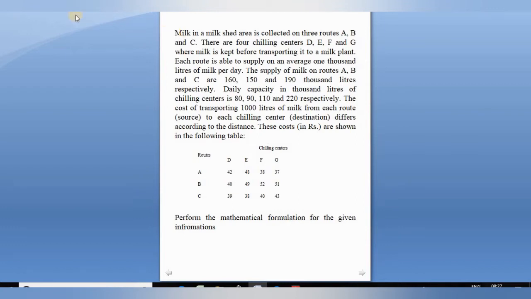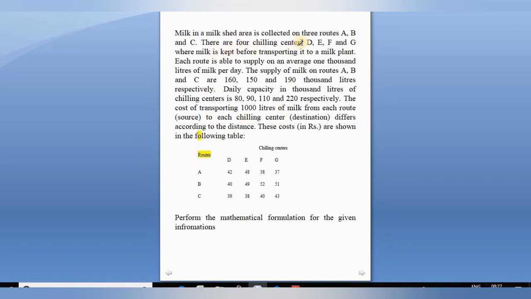Look at a problem for which we can make a mathematical formulation. Milk in a milk shed area is collected on 3 routes, A, B and C. These are routes.